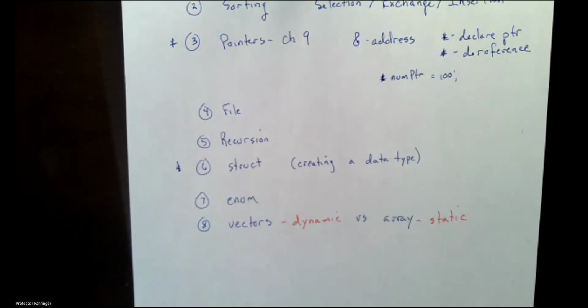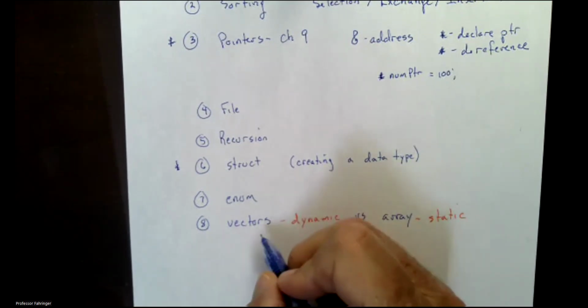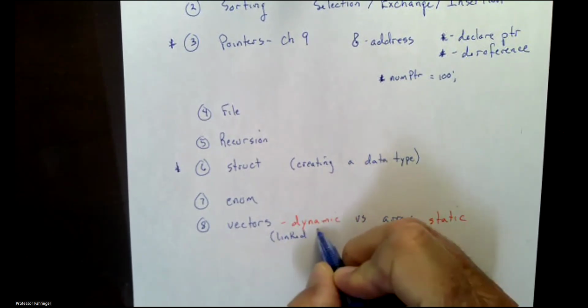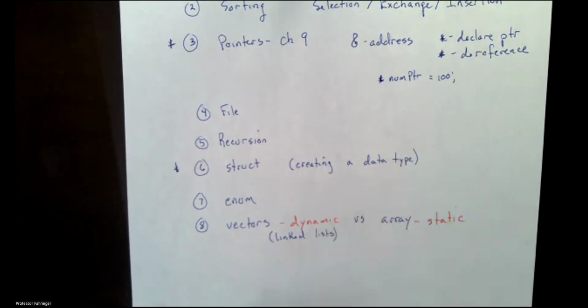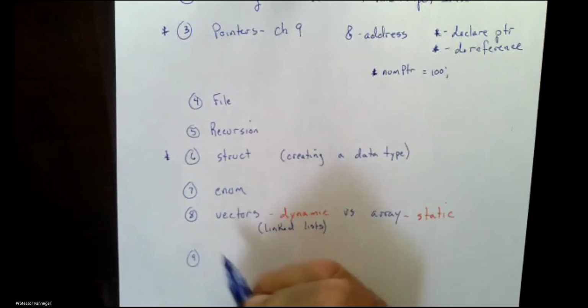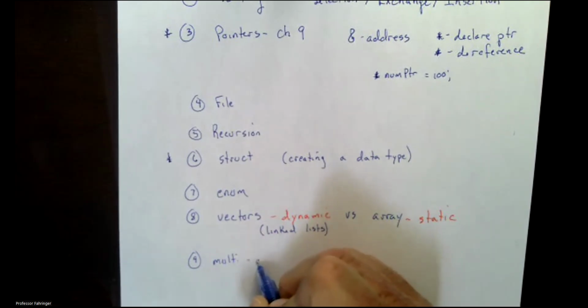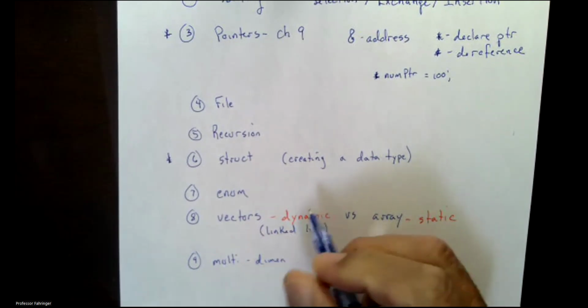I get excited. I want to try to teach it all in a day, but I can't. The dynamic type that we're going to work with are called linked lists. We did a little more work with multi-dimensional arrays in C++.